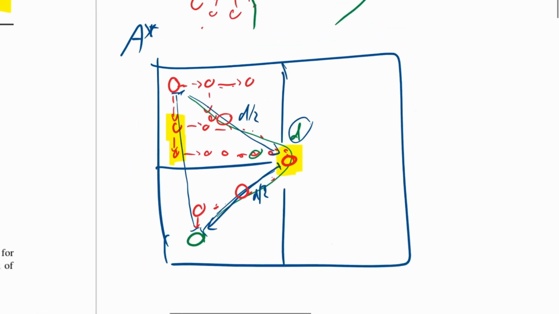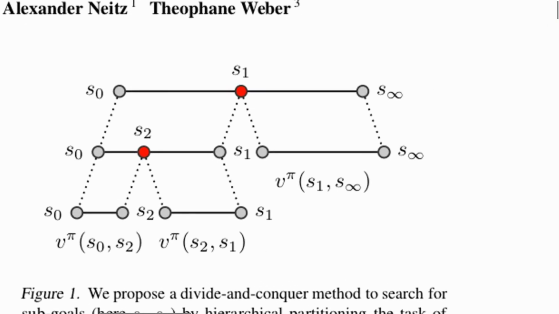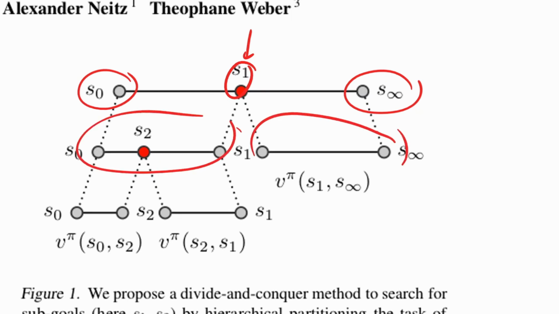So that's the big idea here. And this is illustrated in this point right here. So you are in this S0, the start state, and you want to go to this S infinity, the goal state in your case. What this paper does is it proposes to split the problem here in the middle and then simply solve the 2 problems recursively.